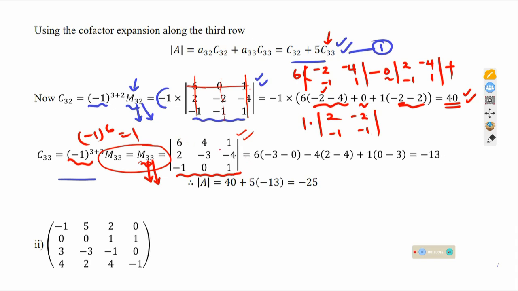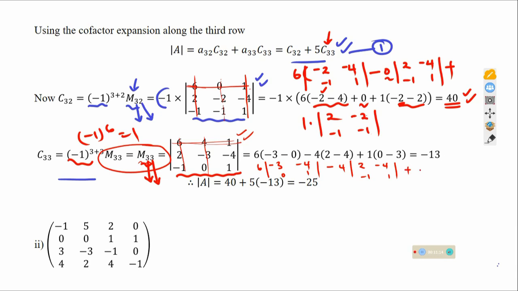So you maintain this 6, so you will have 6 times the determinant. So when you eliminate this and this, you will remain with negative 3, negative 4, 0, and 1. So you will get that. So minus 4, then again times the determinant, which you will eliminate this again. So meaning that you remain with 2, negative 4, and negative 1, and 1.